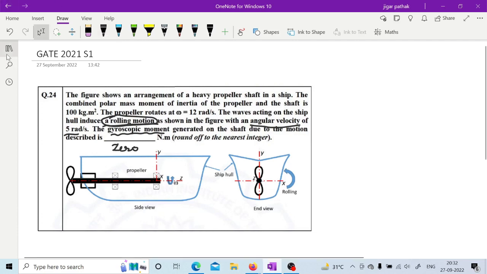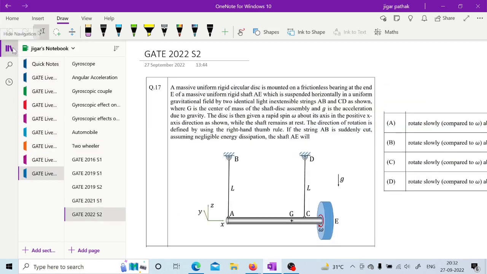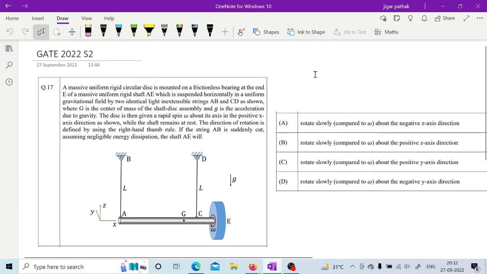Correct. Okay. The next one is this one. See, in this one, a massive uniform rigid circular disc is mounted on a frictionless bearing at the end E of a massive uniform rigid shaft AE, which is suspended horizontally in a uniform gravitational field by two identical light inextensible strings AB and CD as shown.